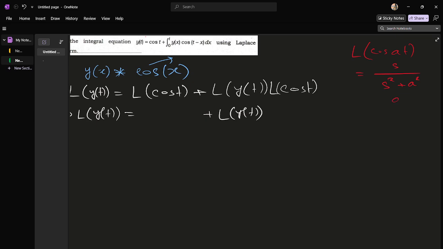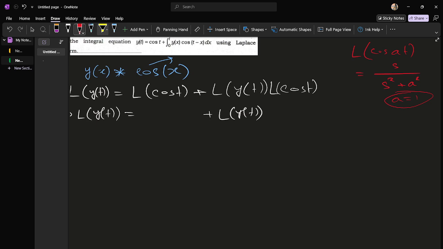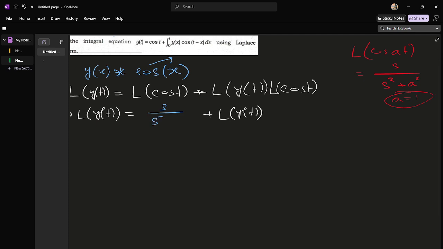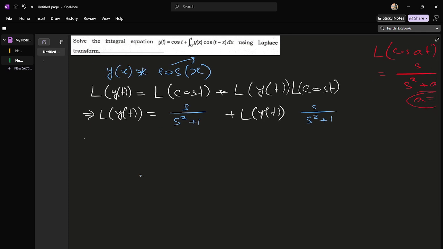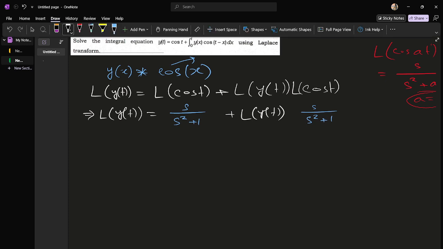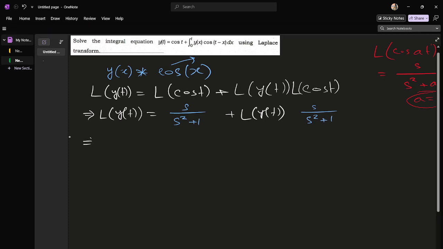Here a is 1, so we put the values as s by s square plus 1, and it will also be s by s square plus 1. Then what will happen?